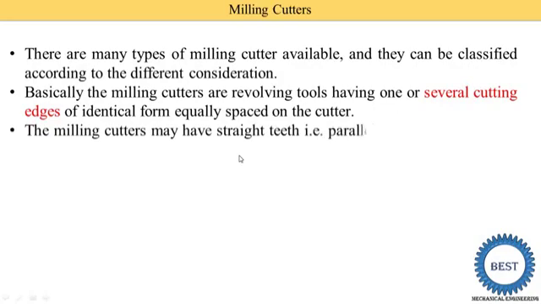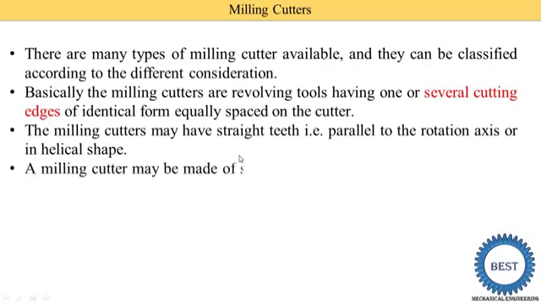The milling cutter may have straight teeth, means the cutting edge is either parallel to the axis of rotation or it is in a helical shape. So there are two possibilities, either straight teeth or helical teeth.